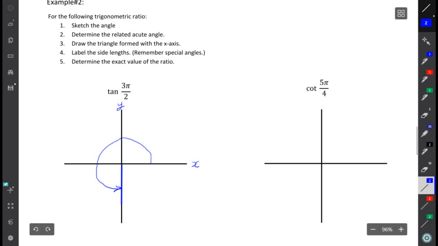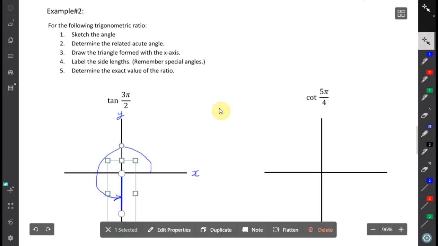Now what I'm going to do is draw a hypothetical triangle. Normally, right, our terminal arm's out here, but think about the fact that, and I'm just going to take this arm and rotate it. Think about the fact that as I drag this arm and rotate it around this triangle, the opposite is getting larger and larger, and the adjacent's getting smaller and smaller to the point where actually my adjacent is 0.